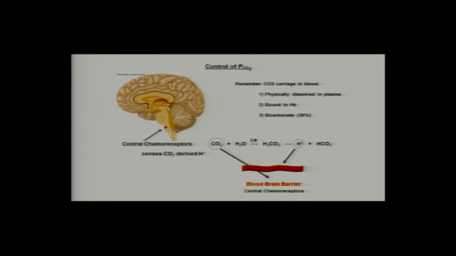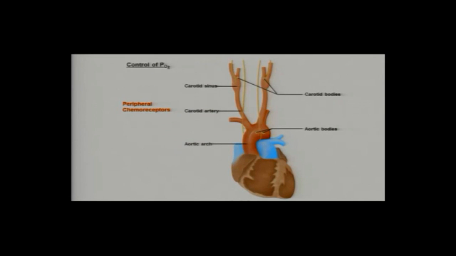Because the central chemoreceptors are part of the brain, do they have direct access to blood? No. So they are indirectly measuring the composition of the blood, because they only have access to what? CSF, cerebrospinal fluid. So keep that in mind.